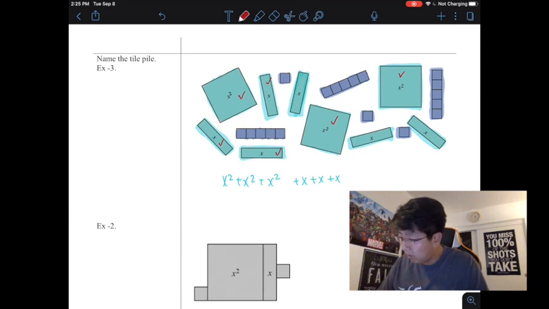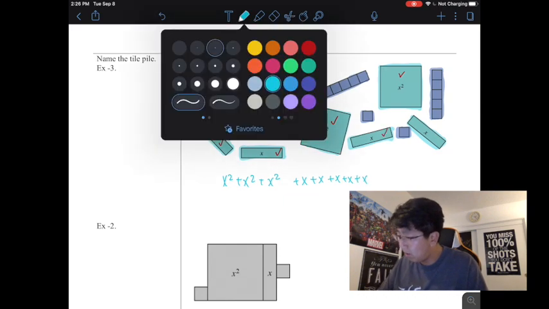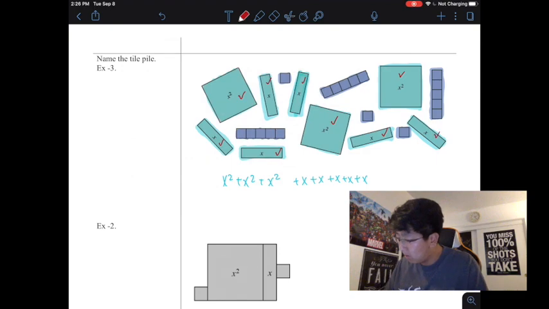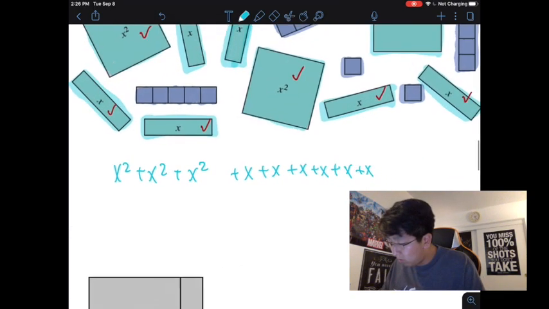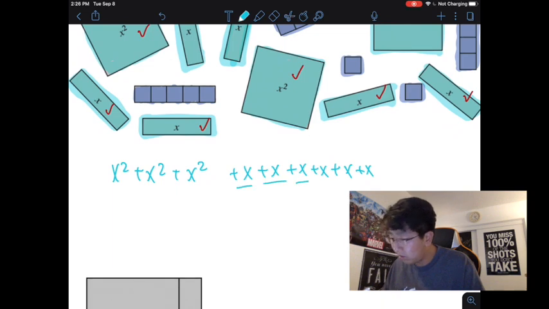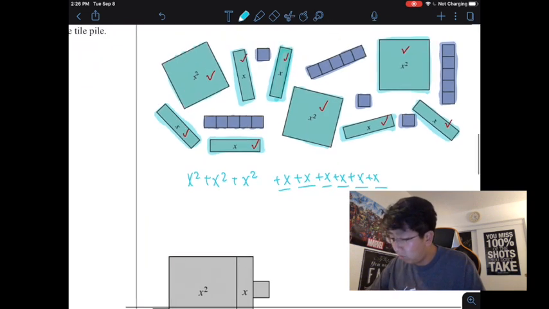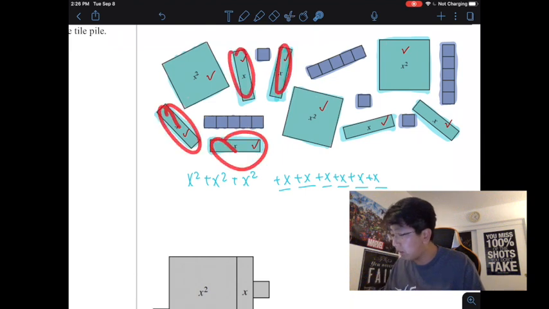So plus x, here I'm going to add another one. Plus x. Here's another one. So I'm going to say plus x. Here's another one. Plus x. So I should have 1, 2, 3, 4, 5, 6 x's. I should count 1, 2, 3, 4, 5, 6 x's. Do I have any more? No.